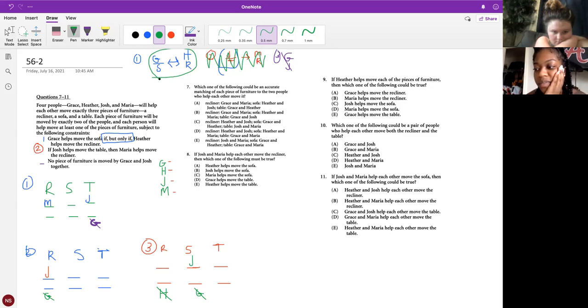So the first one, G with S. If G is with S, then H has to be with R or vice versa.